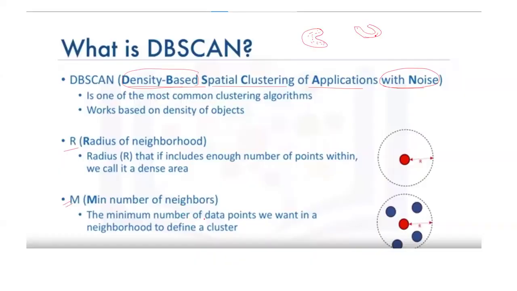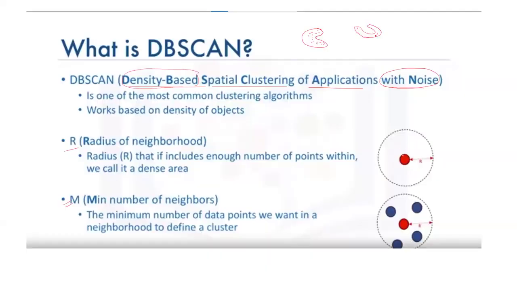The second important parameter is the minimum number of neighbors. Here you can define how big a cluster you want. For any particular data point, it will consider this minimum number of neighbors. As I said, it will iterate from one data point to another. So these are the minimum number of neighbors which it will consider during iteration.